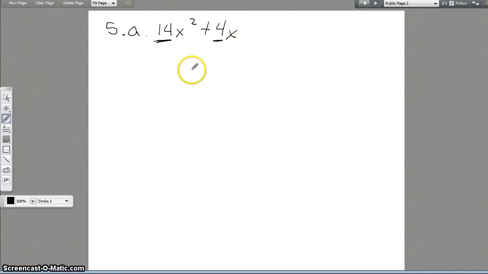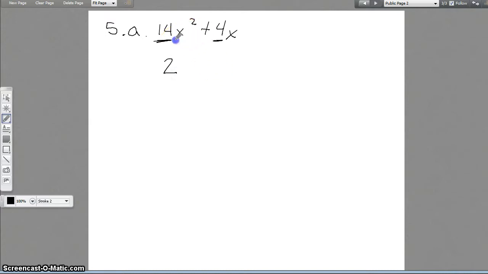What's the greatest common factor of 14 and 4? Well, they're both even numbers, so 2 would definitely work. When we look at 4, 4 is going to be 2 times 2. So we can get one 2 out of 14. Can we get a second 2? When we divide 14 by 2, we get 7. We can't divide it by 2 again. So 2 is our greatest common factor of our coefficients.